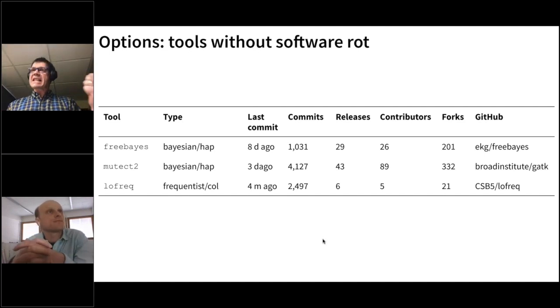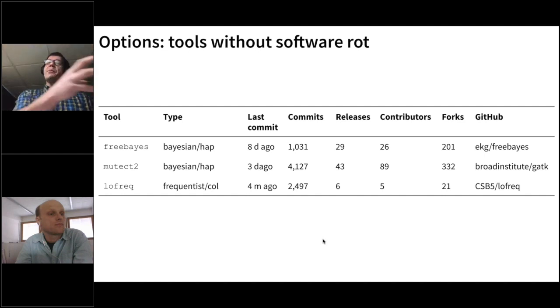So Freebayes has settings for dealing with this problem. And Mutect2 has recently gained a setting called mitochondrial mode, which allows it to do the same kind of thing. So it makes it appropriate for viral mixtures.